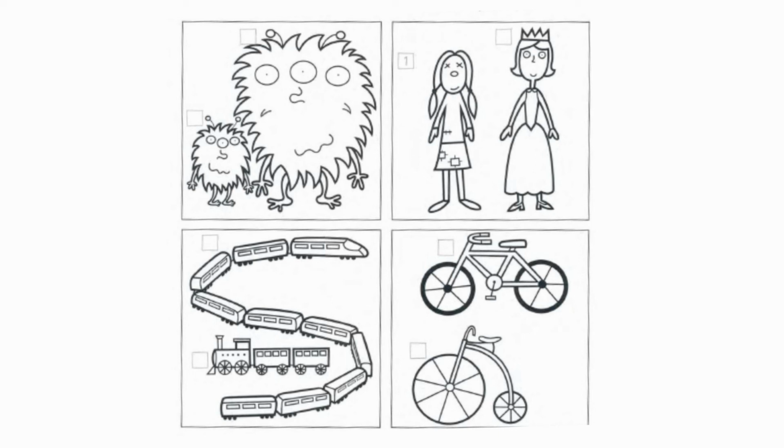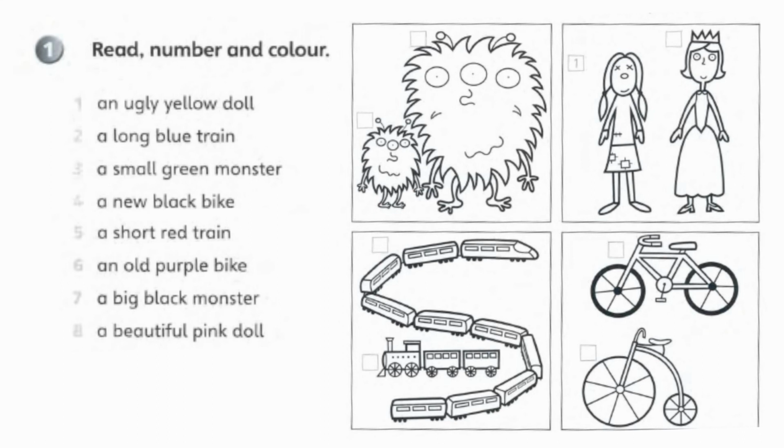Then, put the number of the phrase in the box next to the correct picture. After that, you need to color the picture based on what the phrase says. I'll show you an example. Phrase 1. An ugly yellow doll. Look at the picture.